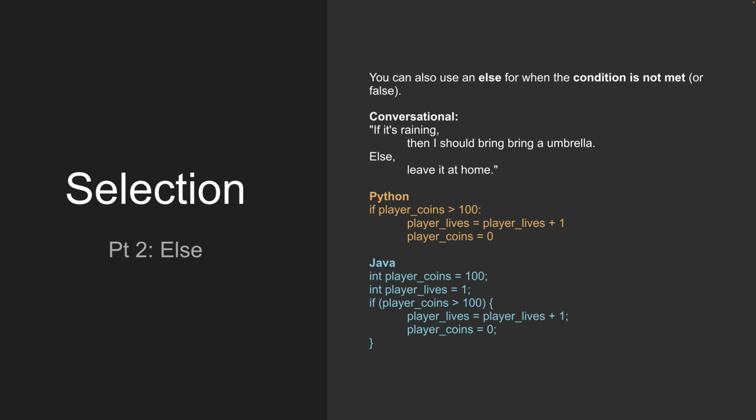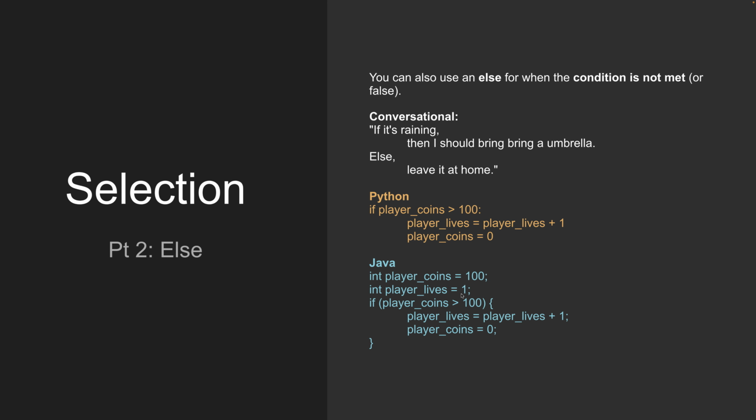Same idea down here in Java. We have an integer, player coins is 100. The player lives is 1. We set these values so that they can change. So I check to see if the player coins is greater than 100. Player coin right now is not greater than 100, and it wouldn't run the stuff within this, right?